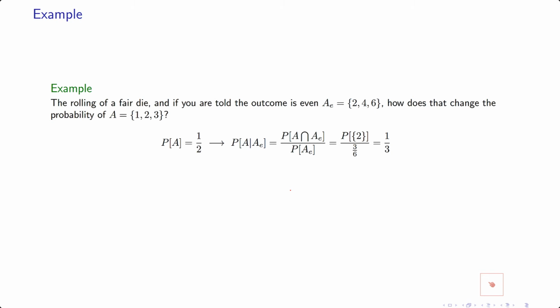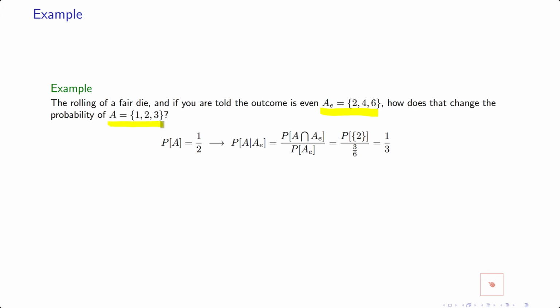Now let us have one very simple example of conditional probability. Suppose that you roll a fair die. So your possible outcomes are 1, 2, 3, 4, 5, 6. Let us consider the event of observing an even number, which I define as AE, and another event A, which is 1, 2, 3.